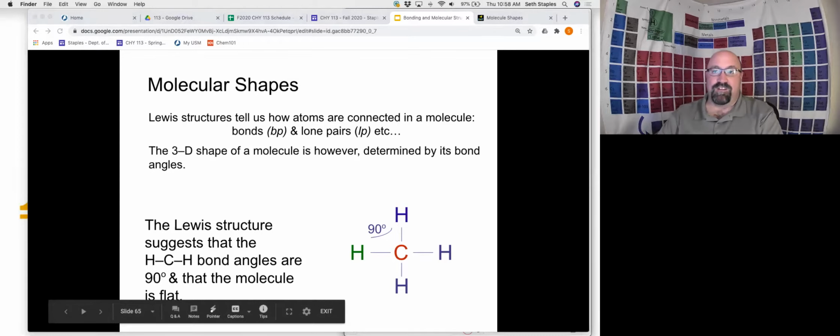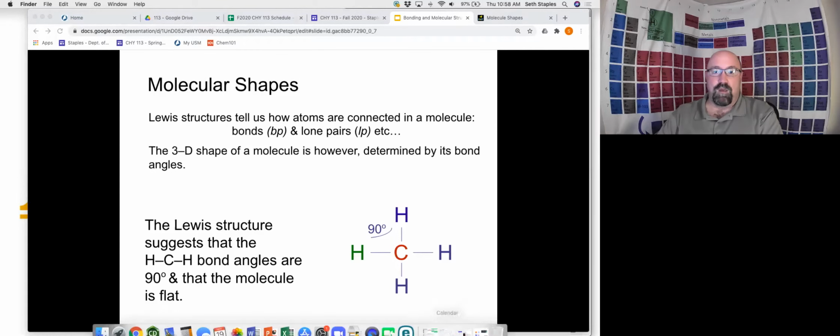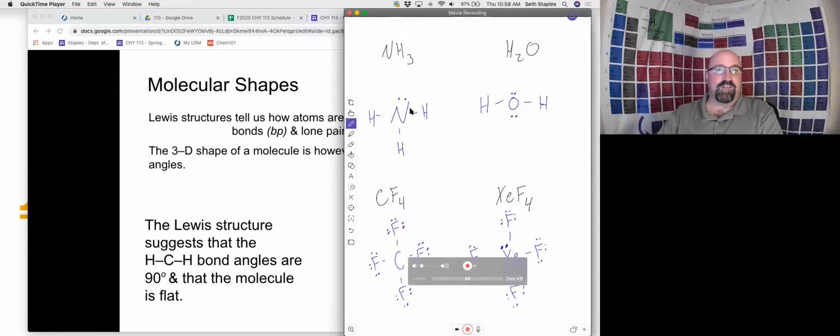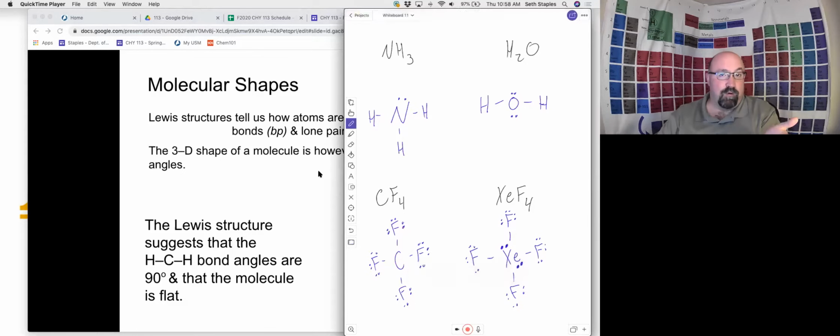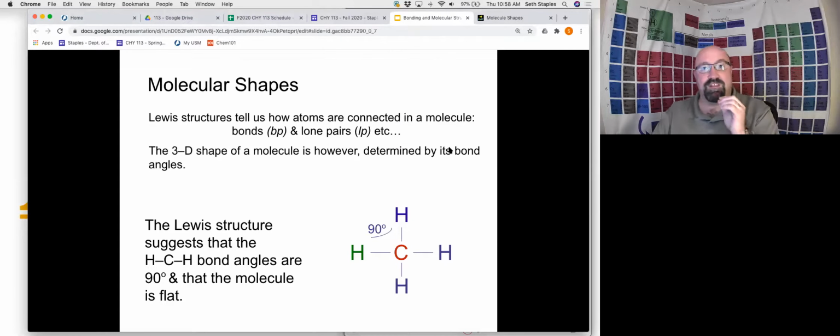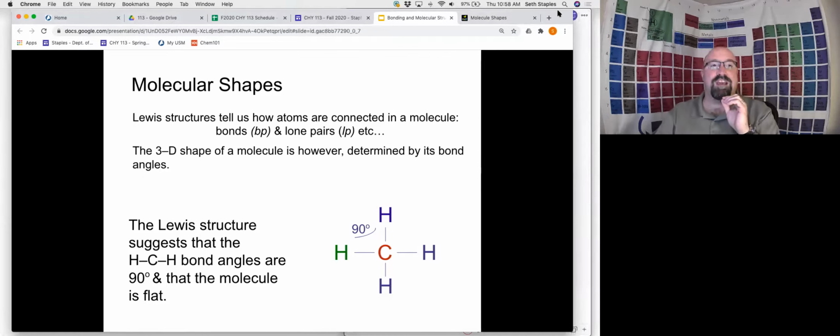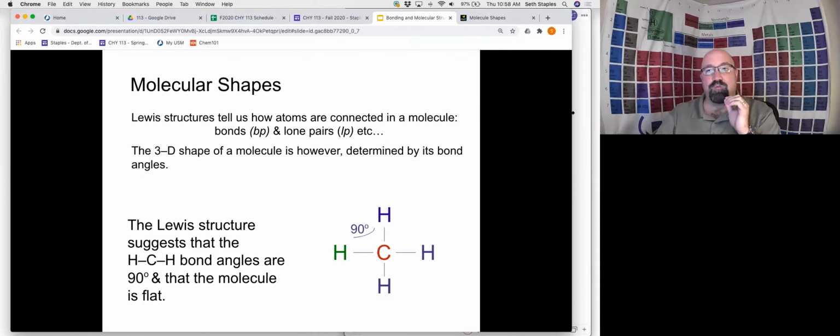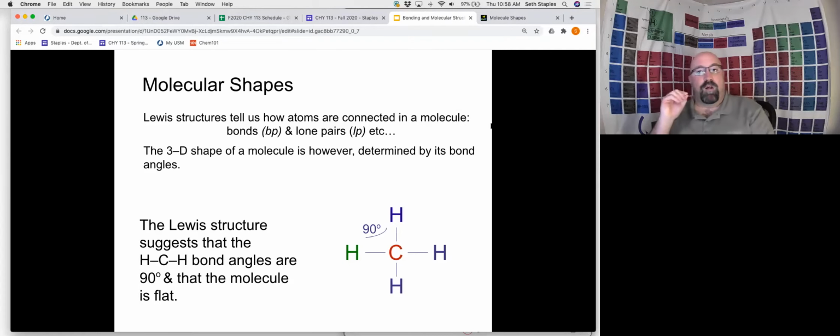These were all fairly simple ones that we had looked at, but we're able to see, for instance, that we have a nitrogen with our 3 hydrogens surrounding it, carbon with our 4 different fluorines surrounding it, and so forth. And so the Lewis structures tell us how things are actually connected. The actual 3-dimensional shape of the molecule, though, is going to be determined by what we call the bond angles.